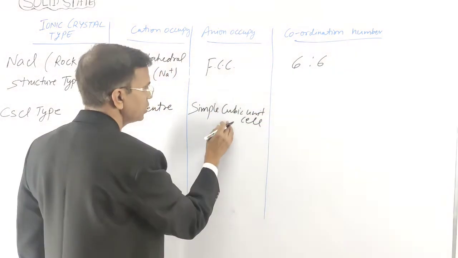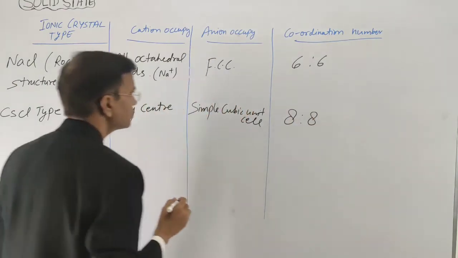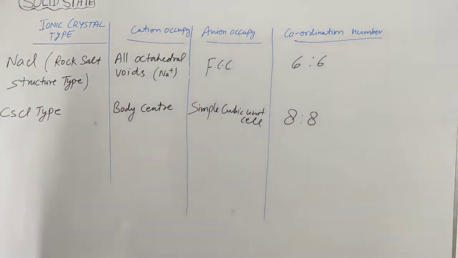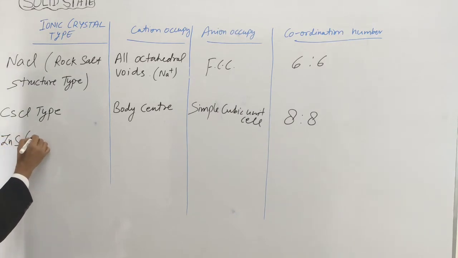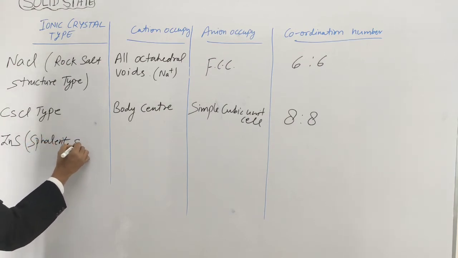The coordination number is 8:8. Now the next is the ZnS type, called the zinc blende structure type.